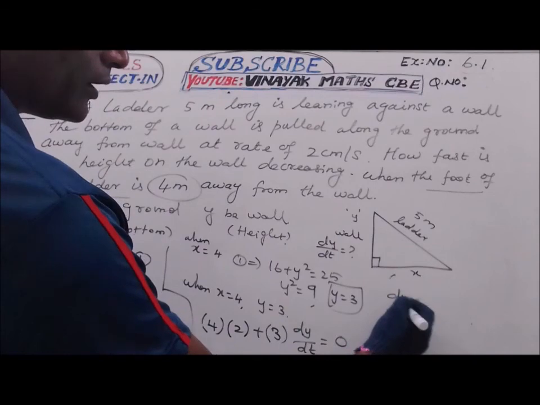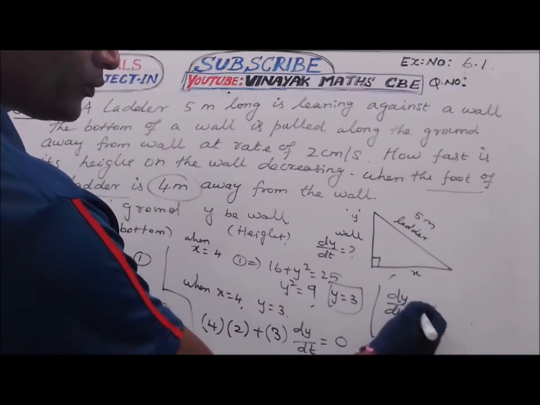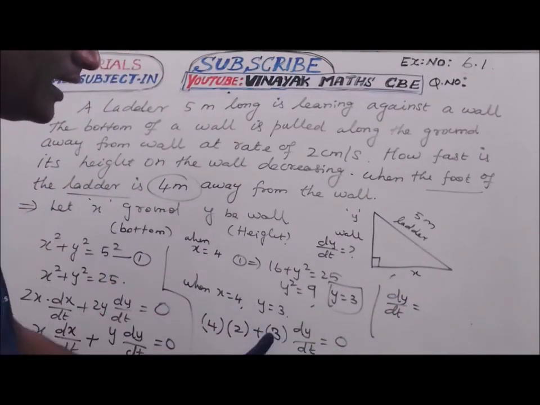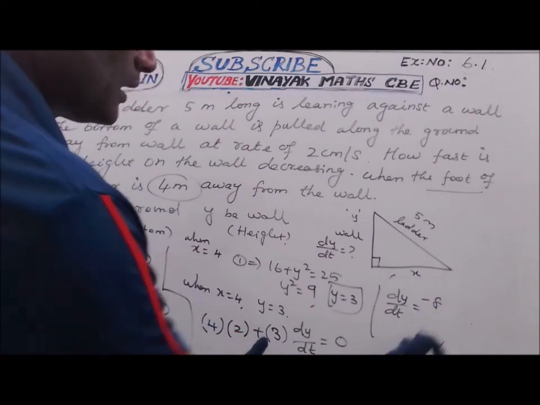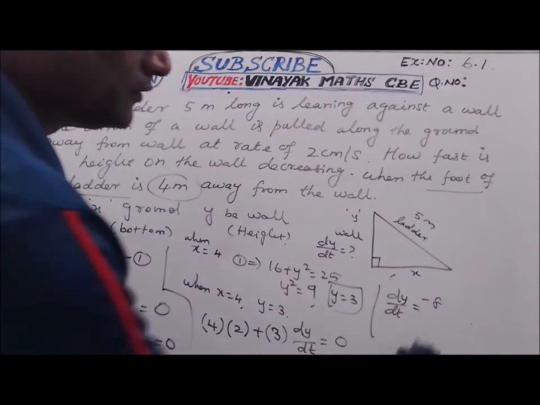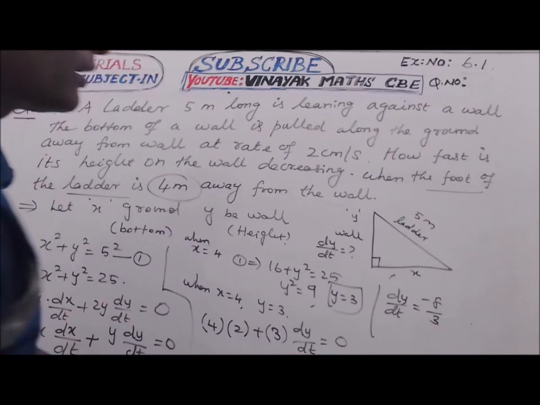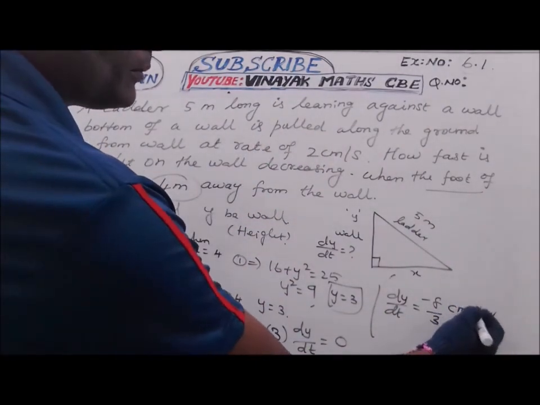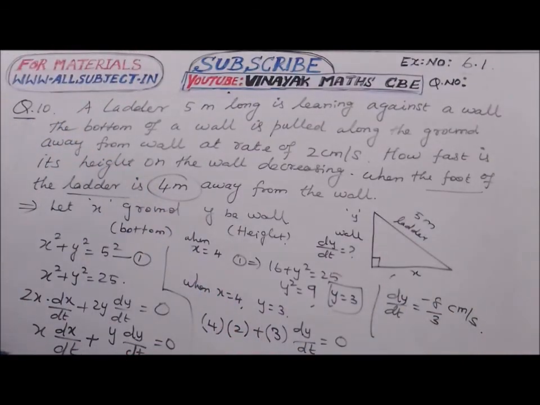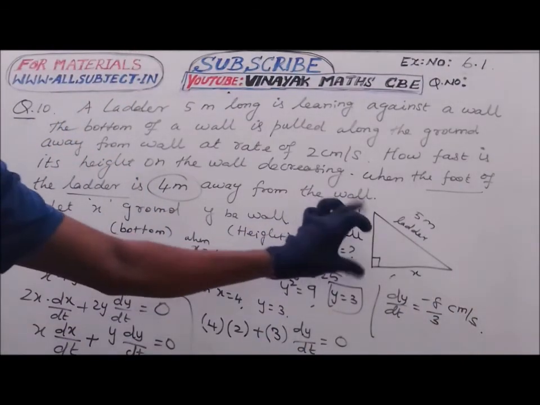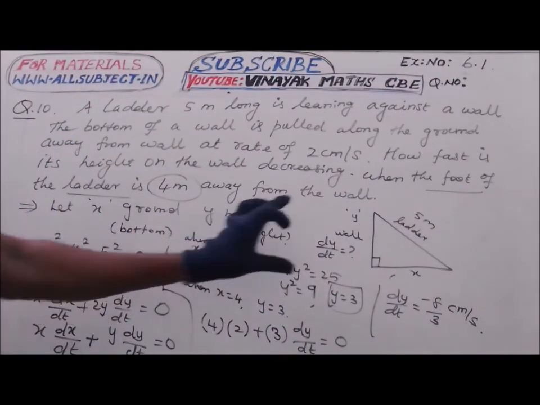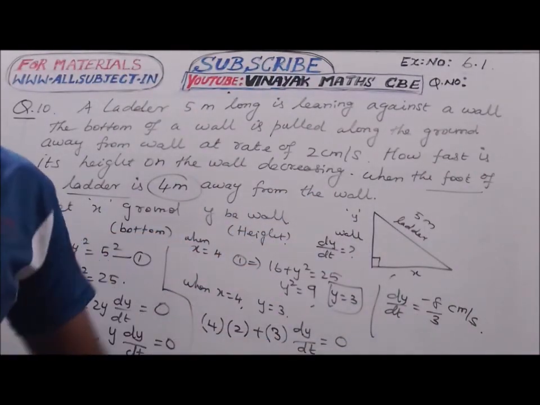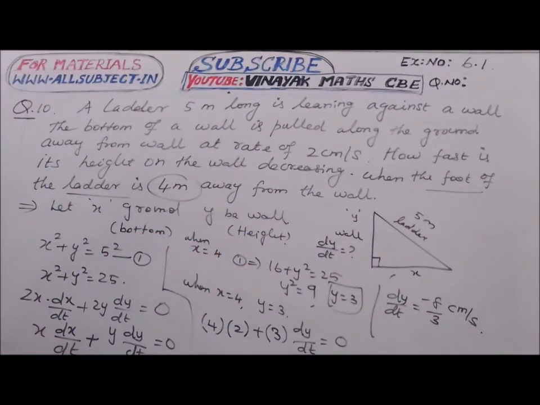Dy by dt equal to minus 8 by 3. The unit is centimeter per second. The negative sign indicates the height is decreasing. So the height is decreasing at a rate of 8 by 3 centimeter per second.